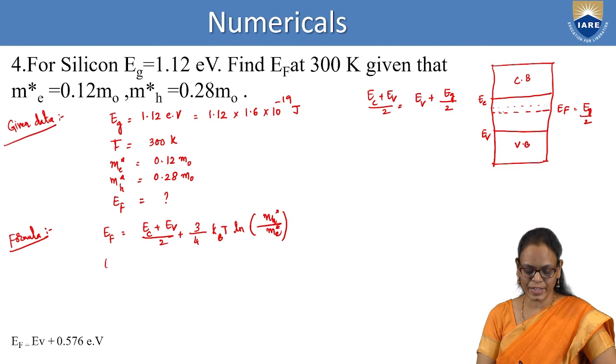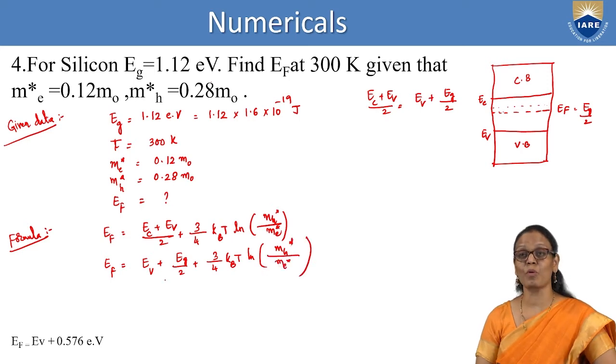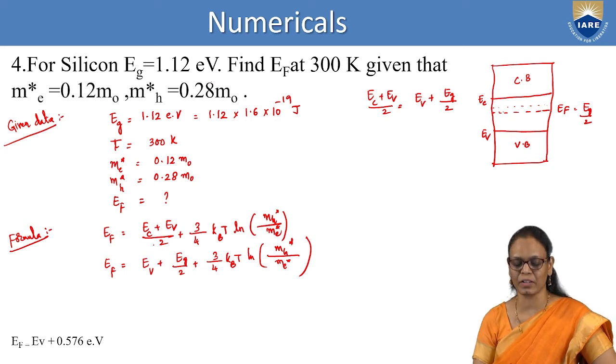So now I write here EF is equal to EV plus EG by 2 plus 3 by 4 kBT ln mH star upon me star. So I have modified the formula as per the data given. EC and EV we do not know, so we are writing it in terms of EG.